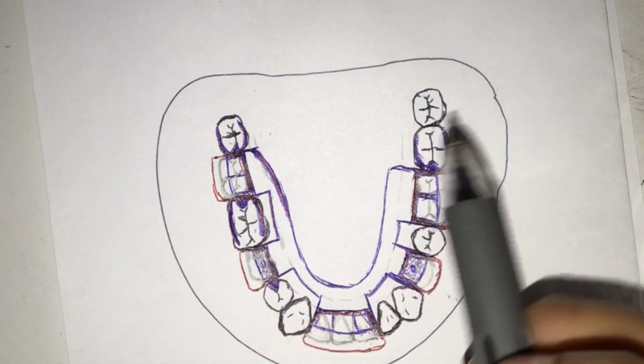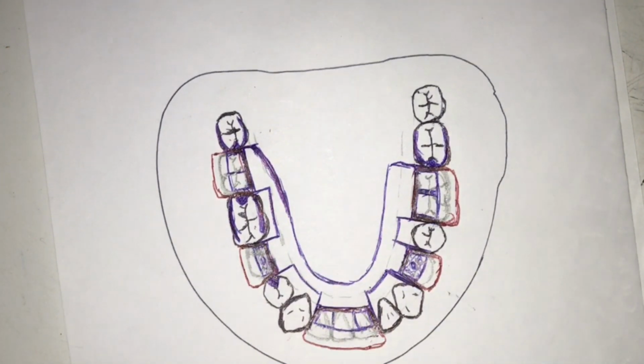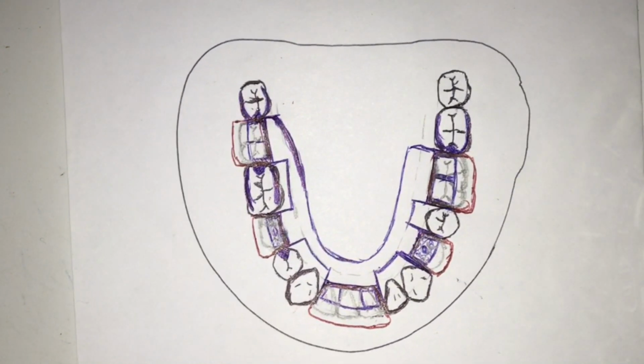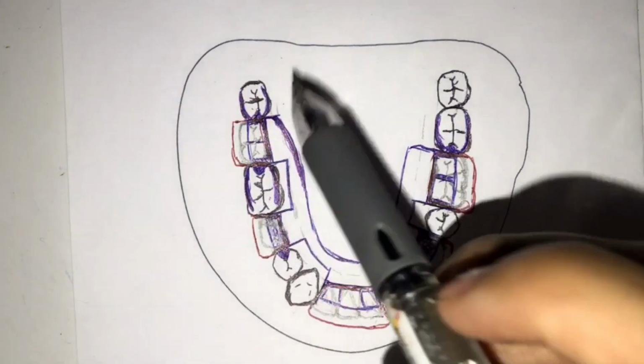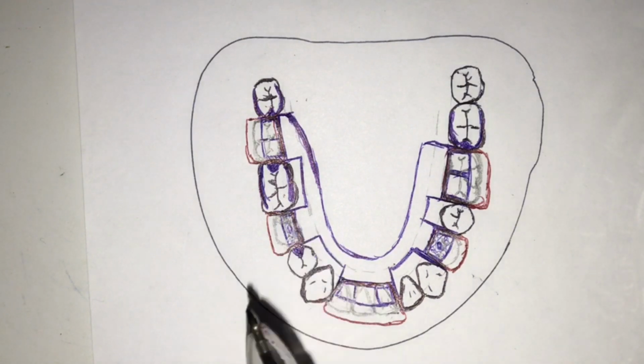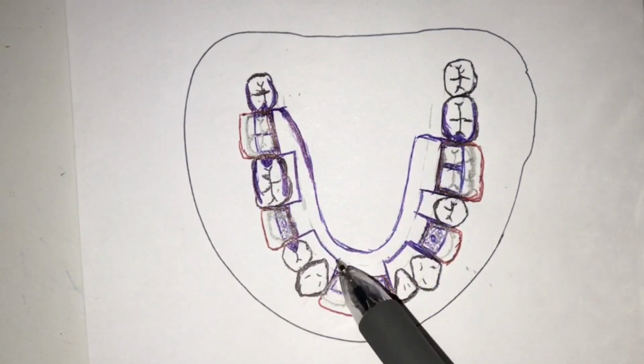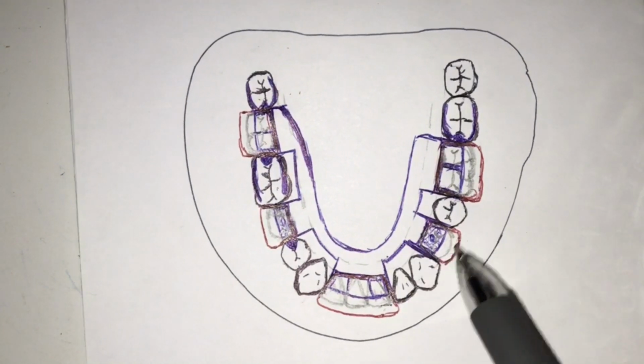Why? Ma'am, it's class 3. The maximum is 4. Yes, that's the ideal, but I already have 3. And aside from 3, I reinforced my retention by the use of my guide planes. My guide planes and proximal plates are here, here, here, and here.